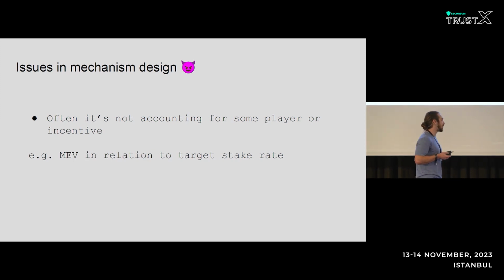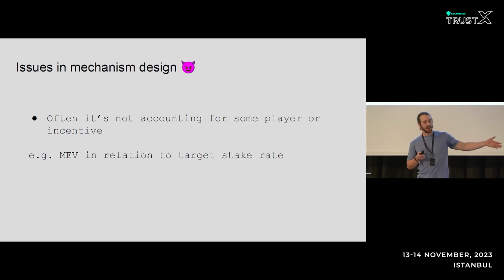Often what we see, the issues in these mechanism designs, is not accounting for some player or some incentive when you're constructing the game. So for example, most of the theory around launching the beacon chain around target stake rates had to do with issuance, and some understanding of marginal fees on top of issuance.